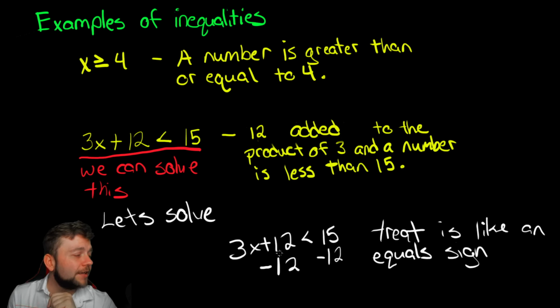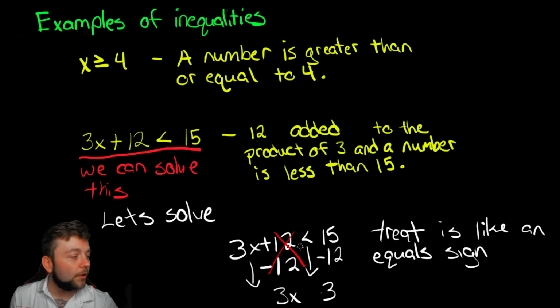The 12 cancels out to 0, but we will not need to rewrite that. What is 15 minus 12? That is a positive 3. Then we just drop everything else down. We drop our 3x down, and don't forget your inequality symbol. 3x is less than 3.